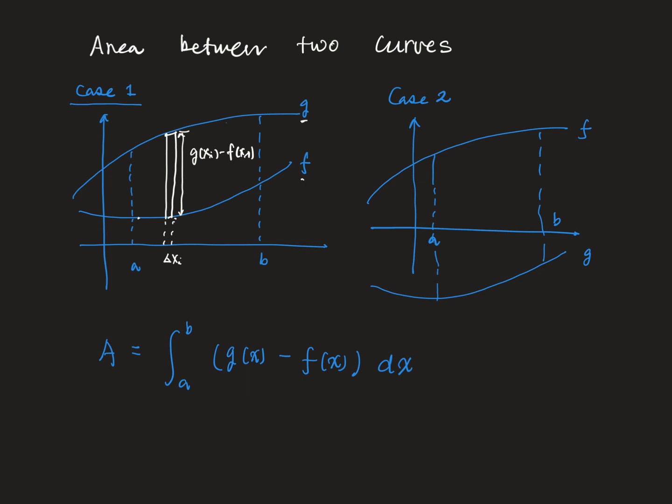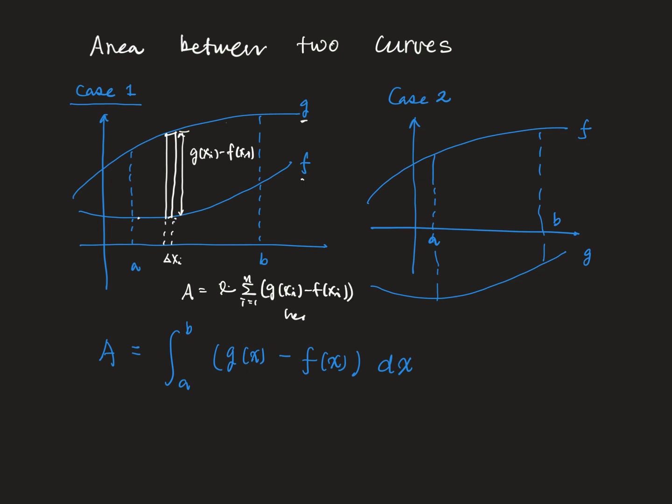Using the Riemann sum, the area is going to be the limit of the summation, i equals 1 to n, of g(x_i) minus f(x_i) times delta x_i.